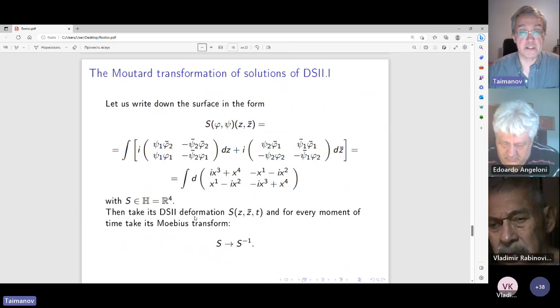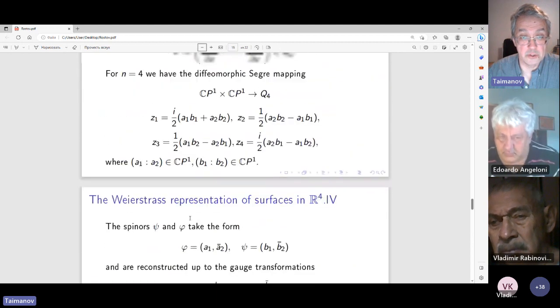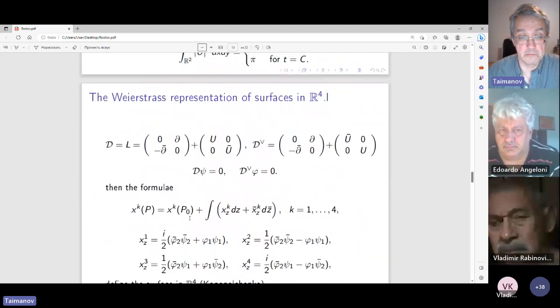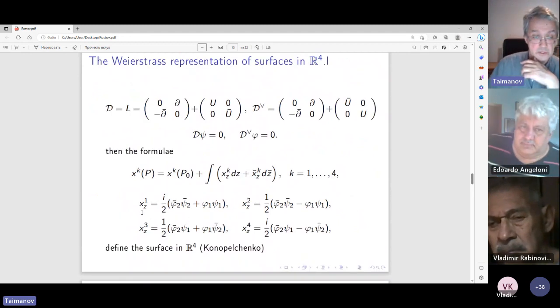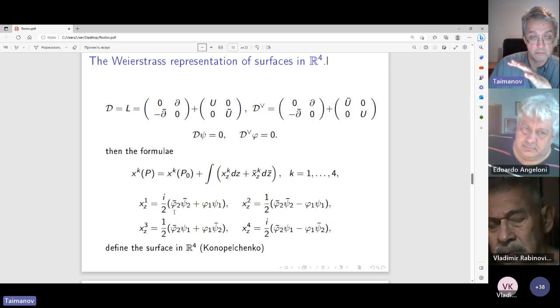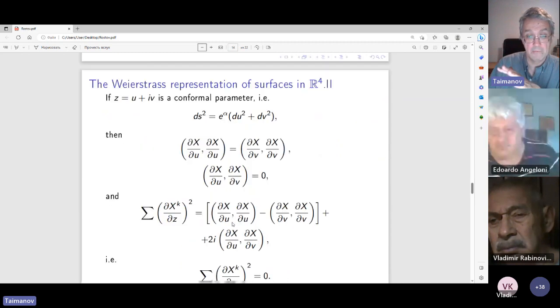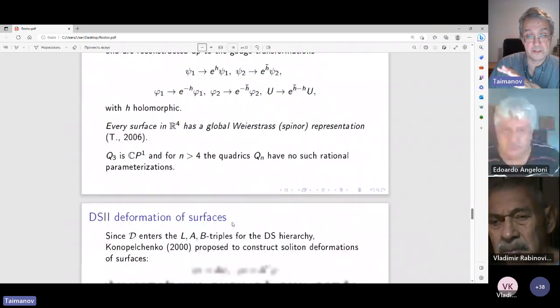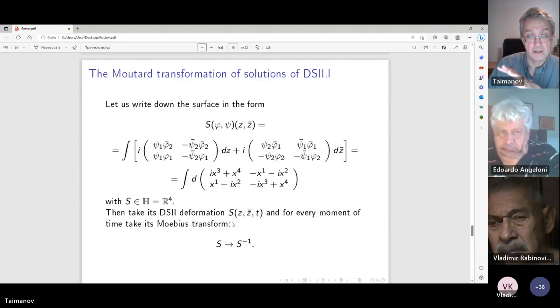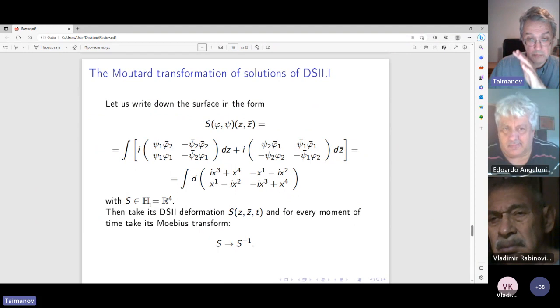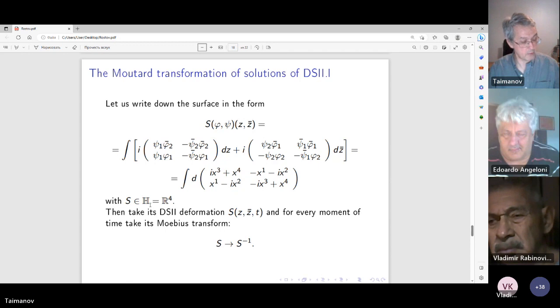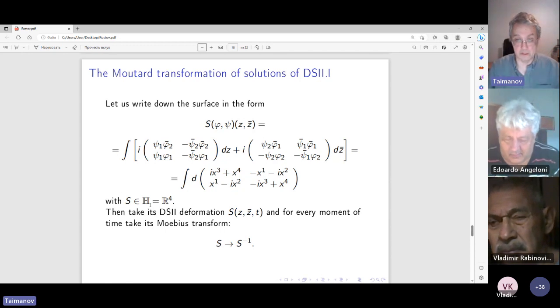Now let's write down the representation of this surface, these formulas. I just would like to recall it. This is x1 over z. This is the term psi2 bar, plus phi1 psi2, and so on. Now let us identify R4 with the quaternions. The two-dimensional complex matrices which are generated by Pauli matrices give you quaternions.